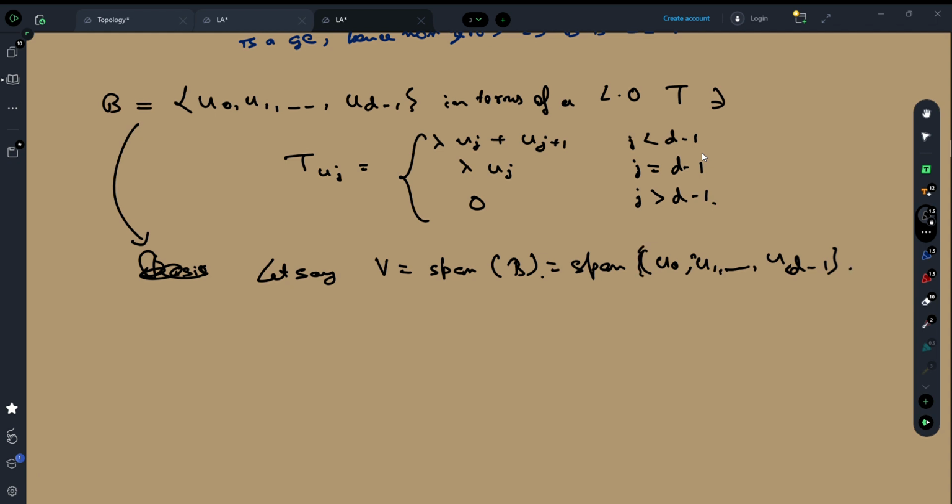We have just seen that in that case, B acts as a basis for V. Suppose this is star. Let T be a linear operator defined on V satisfying star.